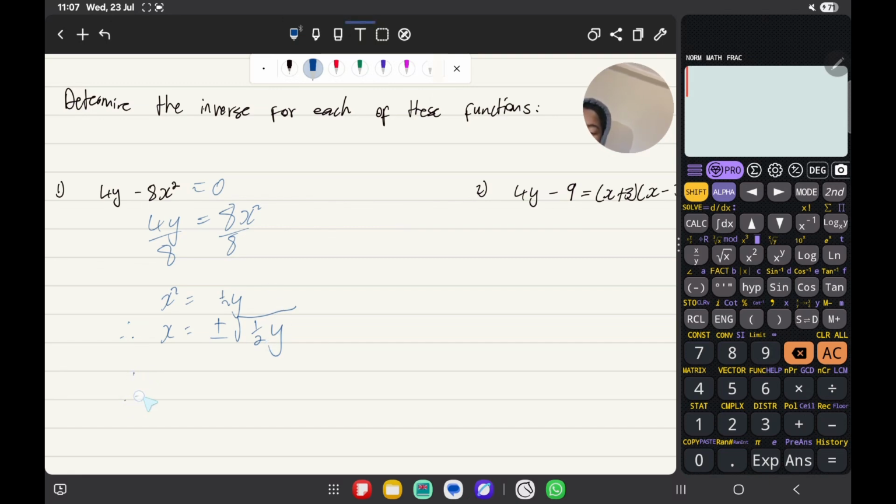And after that you would say therefore the inverse of f of x will be plus or minus the square root of 1 over 2x.